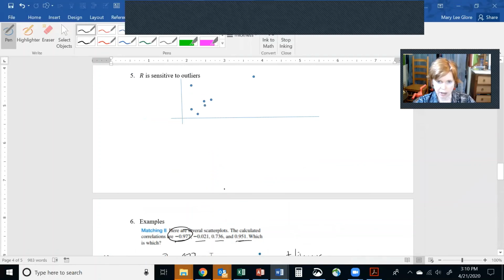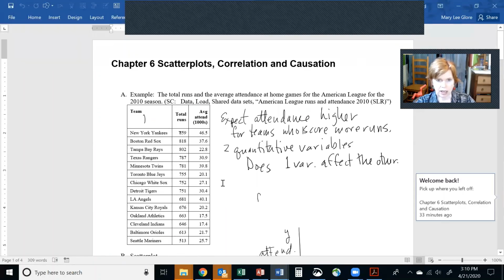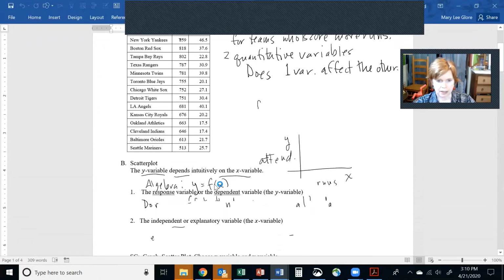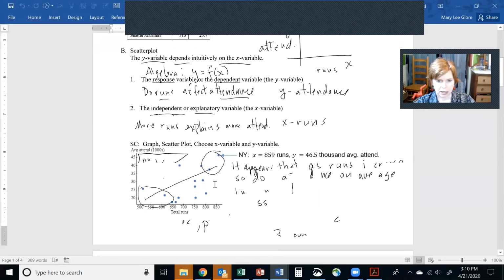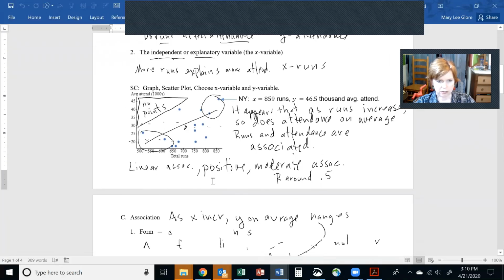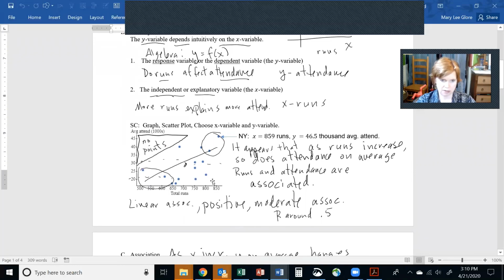If I go back up and look at my scatter plot of attendance and runs, we were asking if runs cause attendance. We did find that the more runs you have, the more attendance you have at the games, but it's not necessarily a causal relationship.